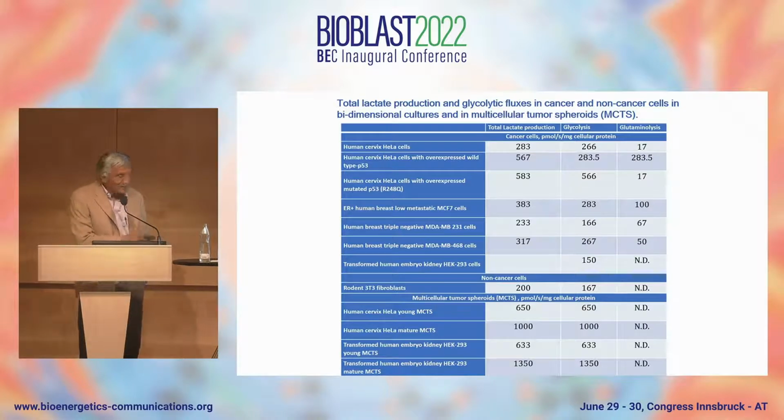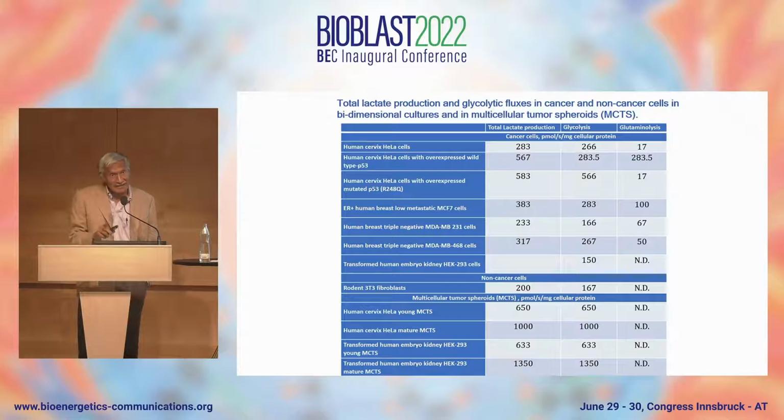You can see here lactate production. We think that's the most appropriate way to measure glycolysis. When people decide to measure glycolysis, they measure glucose uptake or glucose consumption, and they call it glycolysis.